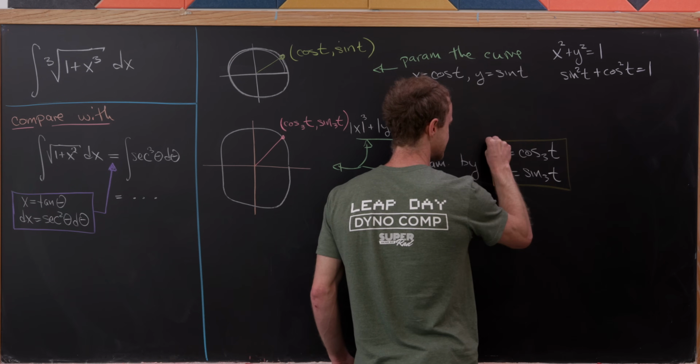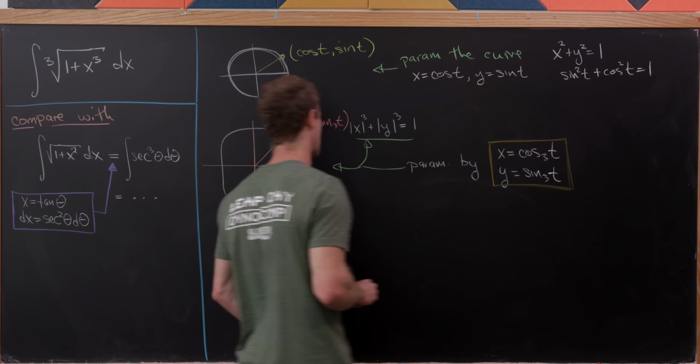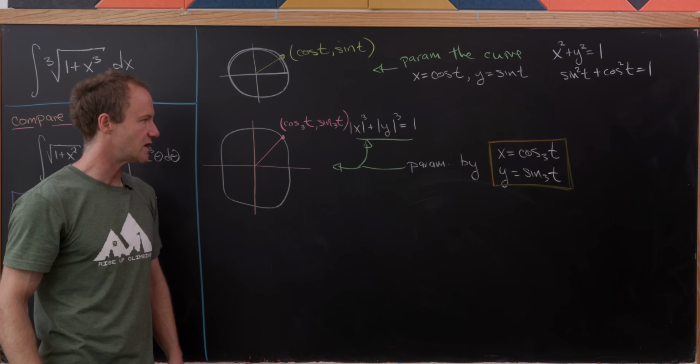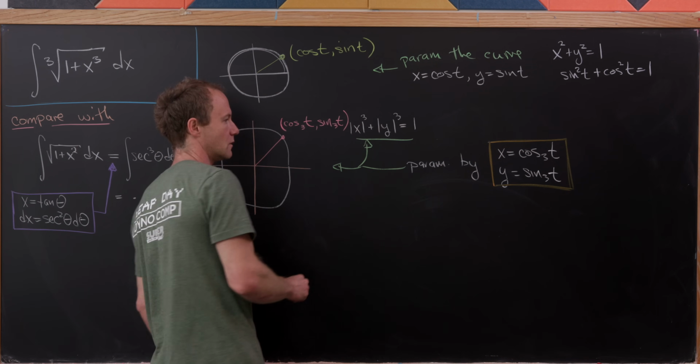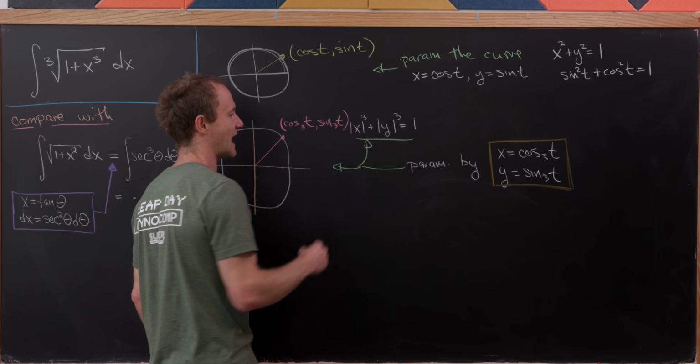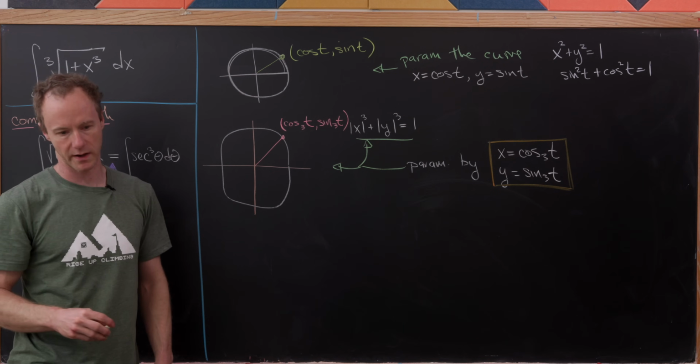Observe that since these parameterize this curve, if we take their absolute values and cube them and then add them, we get the number 1.